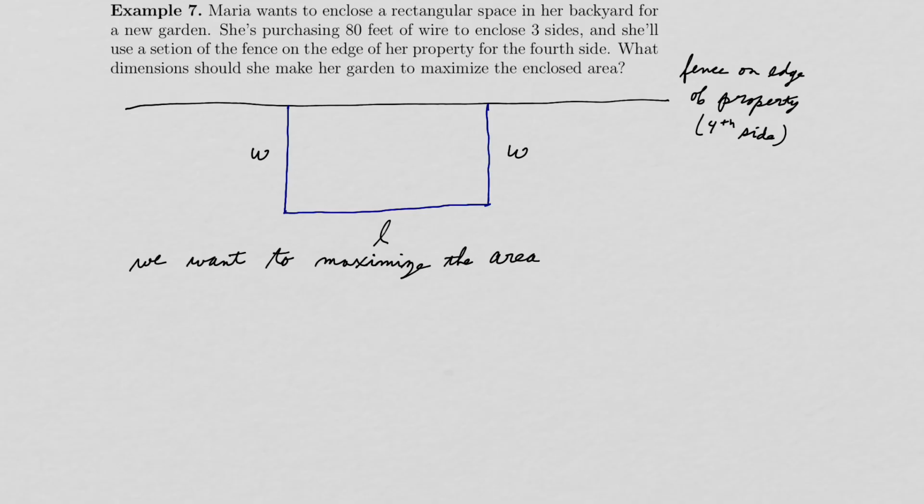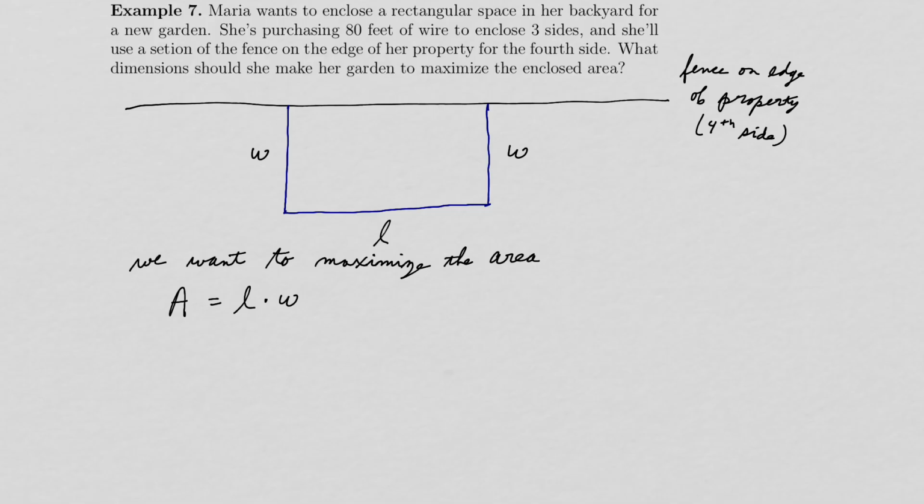So the area is going to become our quadratic function ultimately. So then we're going to want to find the vertex, right, to find the maximum. So what is the equation for area of a rectangle? Well, we know in general that area is equal to length times width, right? So it's L times W.